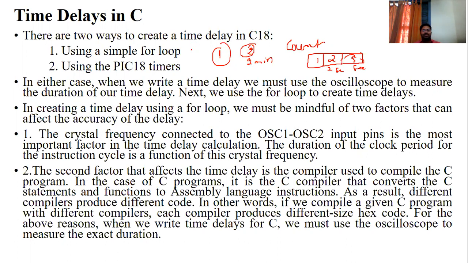You can use simple loops as well as PIC timers for these operations. For time delay, we use separate equipment or separate programs to delay the process. You know that in microcontrollers the clock is up to 60 megahertz, 40 megahertz.